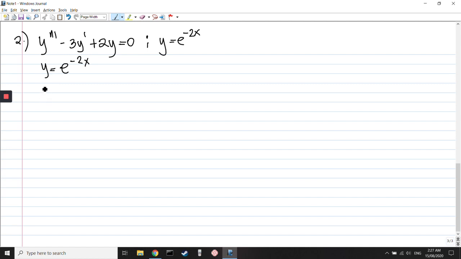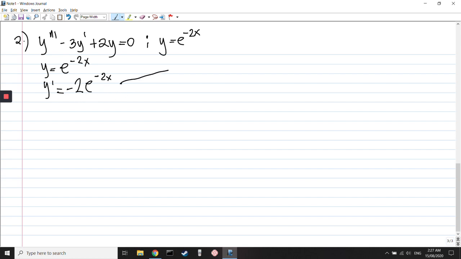So y prime is equal to negative 2 times e raised to the power of negative 2x.